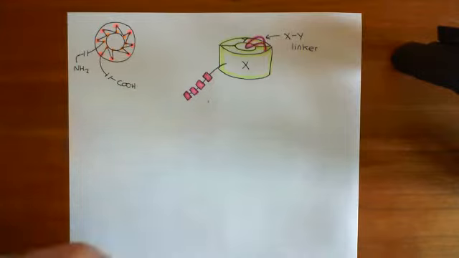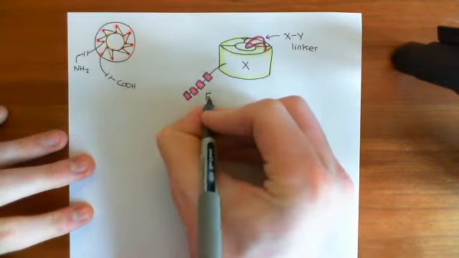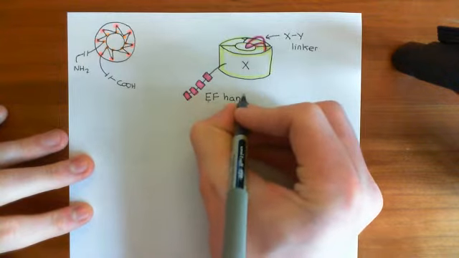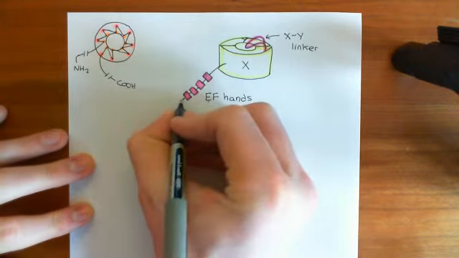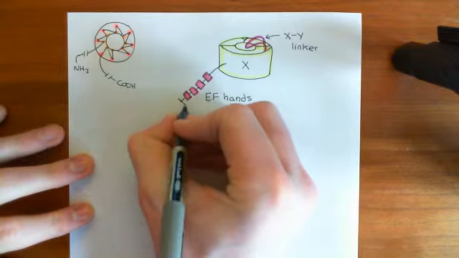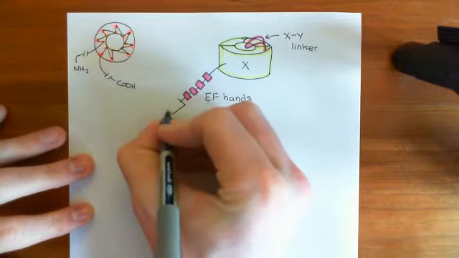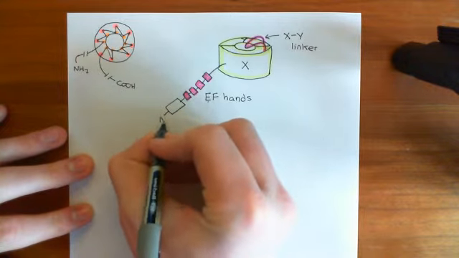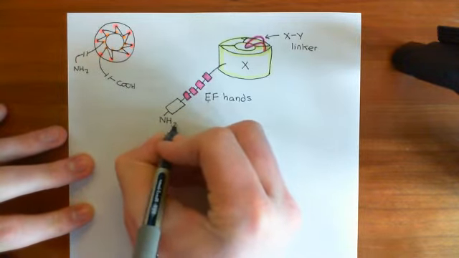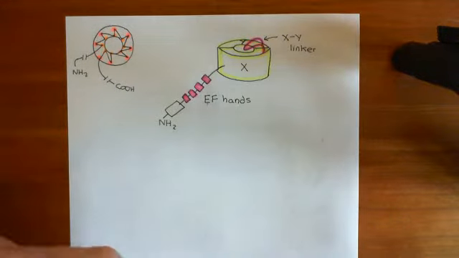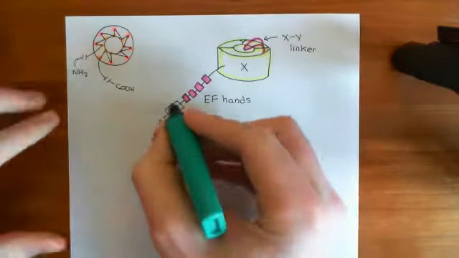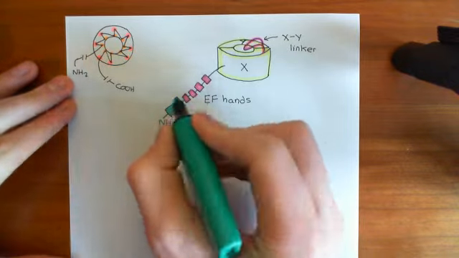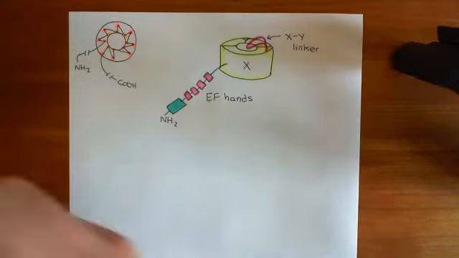Then, after the 4 EF hand domains, what we have is the pleckstrin homology domain, which is going to play a role in binding to the phospholipid by its underside in phospholipase C beta enzymes, but it's nowhere near as important as it is in other phospholipase C family enzymes. So here's the amino terminus of our phospholipase C beta enzyme, and the first domain after the amino terminus is here in turquoise, the pleckstrin homology domain.